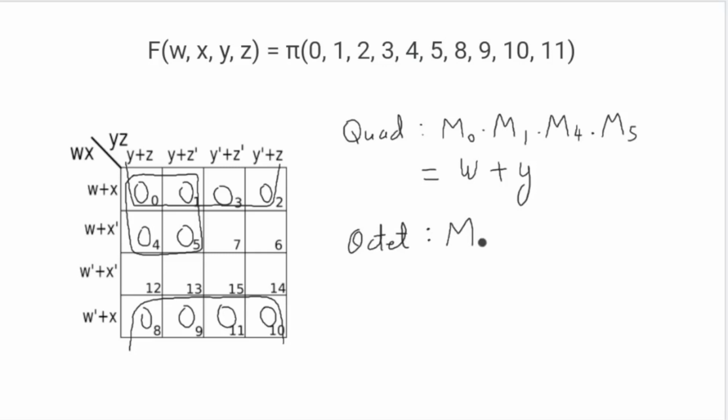So M0 dot M1 dot M2 dot M3 dot M8 dot M9 dot M10 dot M11, and this will reduce to, let's see, everything on the top axis is changing, but between this row and this row W is changing the state, so W will be dropped, and X is same, so X will be taken.